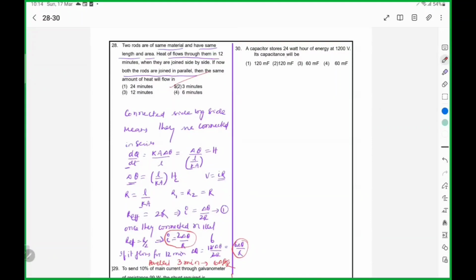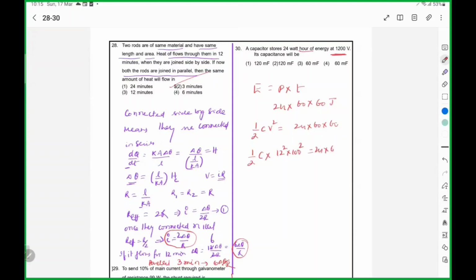A capacitor stores 24 watt hour of energy. So here 24 watt hour. Energy here is power into time. The time is 1 hour, 60 minutes into 60 seconds. This many joules. At 1200 volts, then capacitance of the capacitor is 24 into 60 into 60 divided by 1200 square.